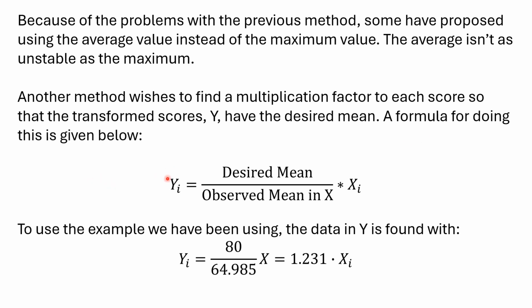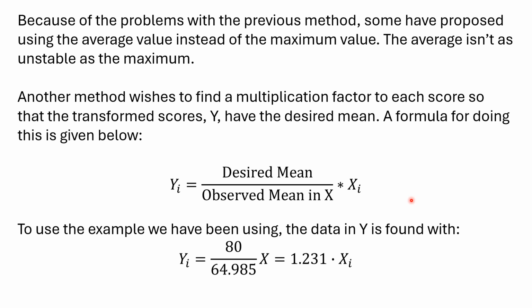Here we have the yi's, the transformed or adjusted scores, and we have a desired mean in the numerator, and then we have the observed mean that we get from our statistical package from our original test scores. You calculate the ratio of these two and then multiply it by each student's original exam score.